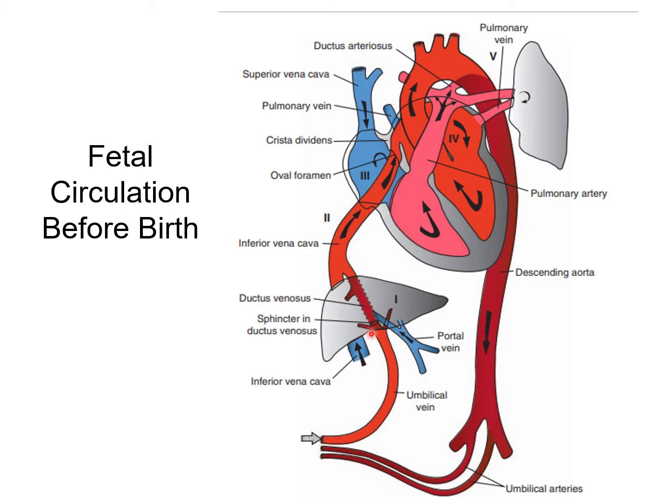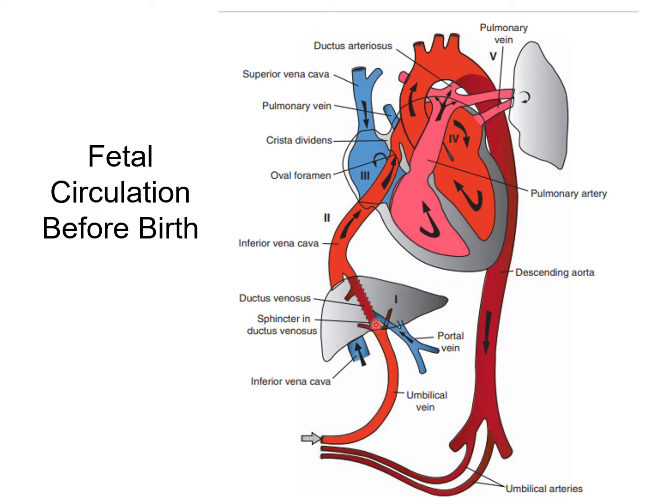Near the umbilical vein, there is a sphincter in the ductus venosus which regulates the blood passing to the liver. Most of the blood passes from the umbilical vein to the ductus venosus and from the ductus venosus to the inferior vena cava, so it is bypassing the liver.